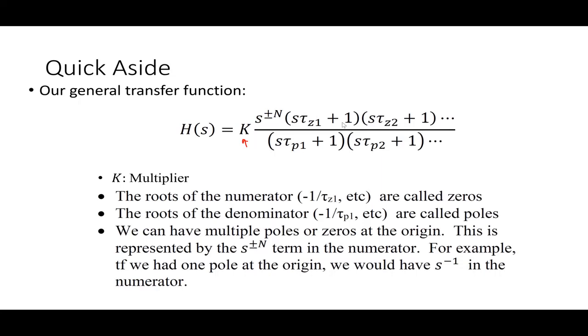So in this case, what we do is we call the roots of the denominator, all right, poles and the roots of the numerator zeros, okay? And then we can potentially have these multiple poles or zeros at the origin, which is represented by this s to the plus or minus n term.